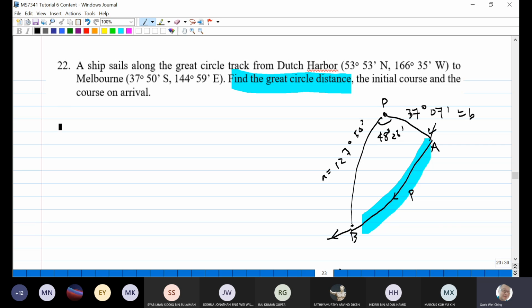So cosine of small p is equal to cosine of A cosine of B plus sine of A sine of B cosine of the angle P, right? Law of cosine.